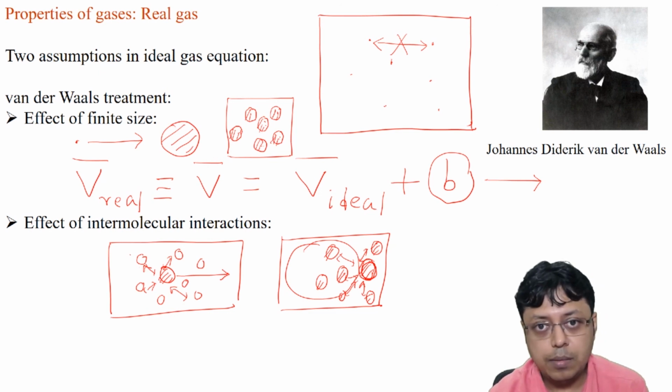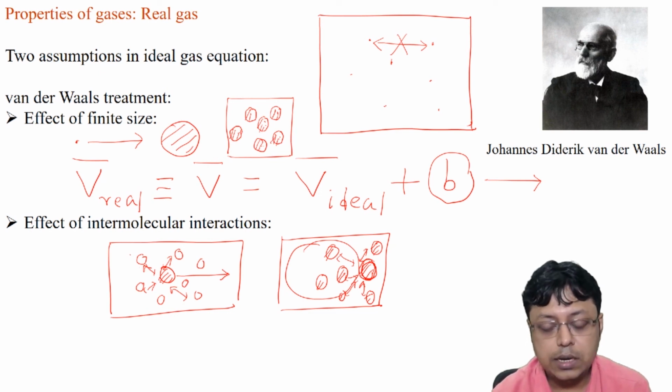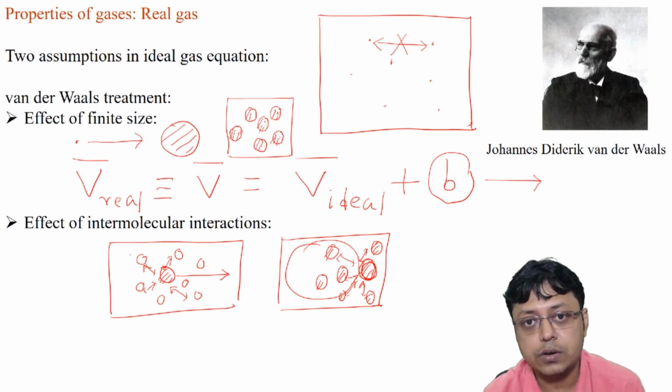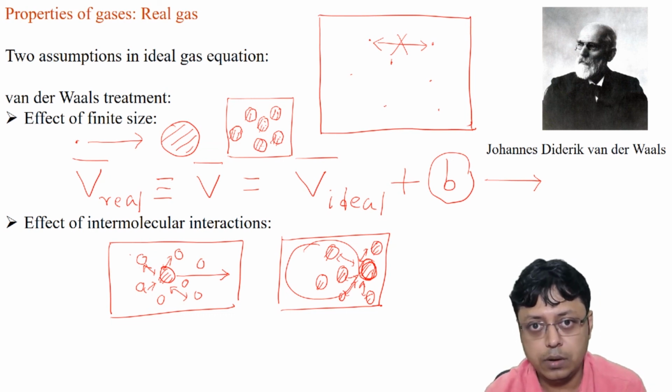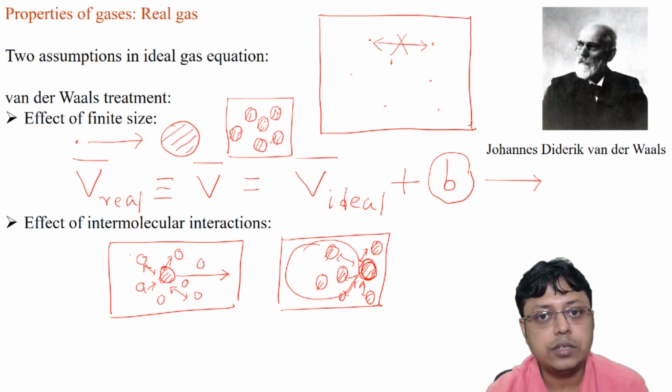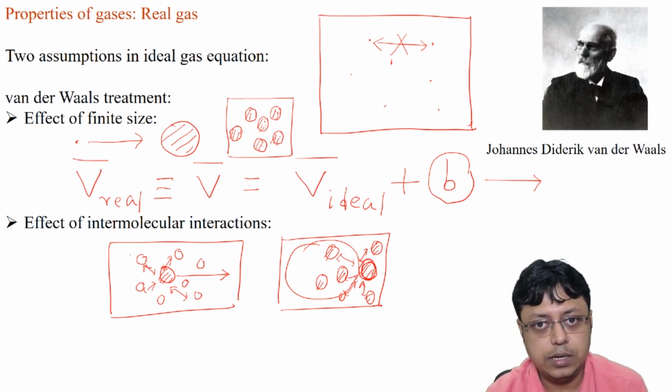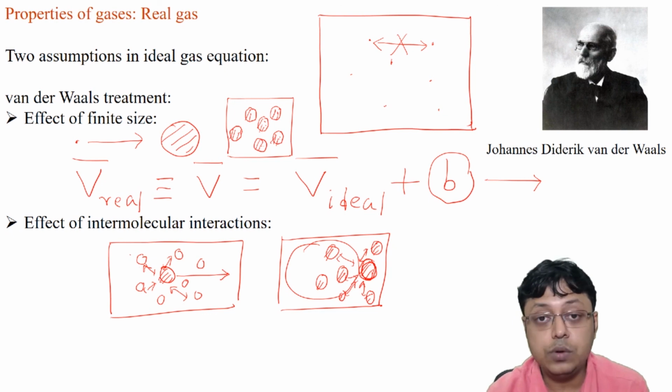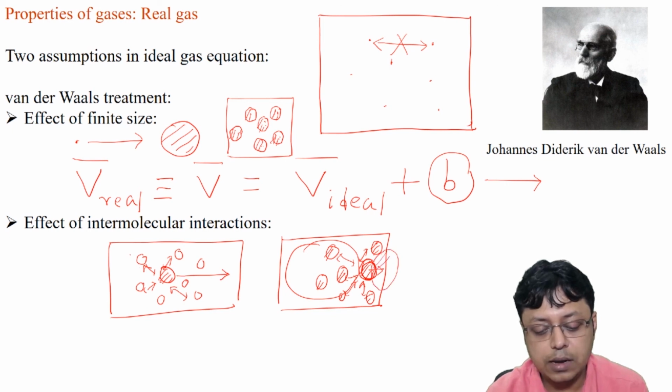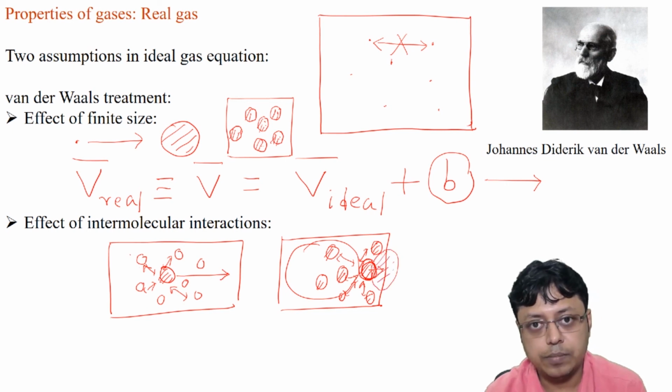Now we can mathematically formulate it. In order to understand that, let us consider what factors this pressure will depend on. The definition of pressure is force per unit area, which means it will depend on how many molecules are hitting the surface of unit area per unit time.